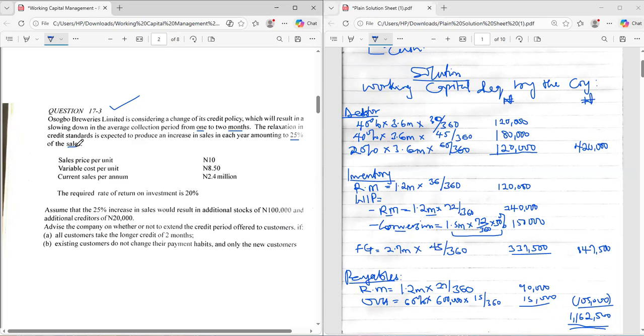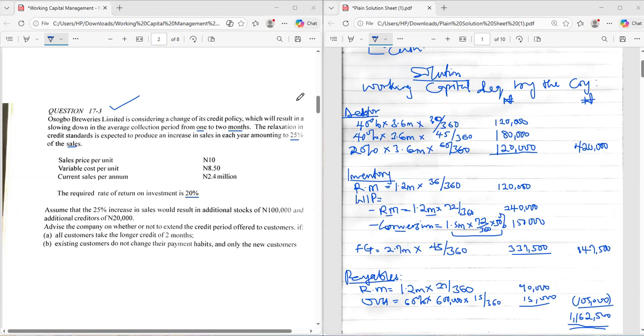Current sales per annum 2.4 million naira. The required rate of return on investment ROI is 20%. Assume that 25% increase in sales would result in additional stocks of 100,000 naira and additional creditors of 20,000 naira. Advise the company on whether or not to extend the credit period offered to customers.